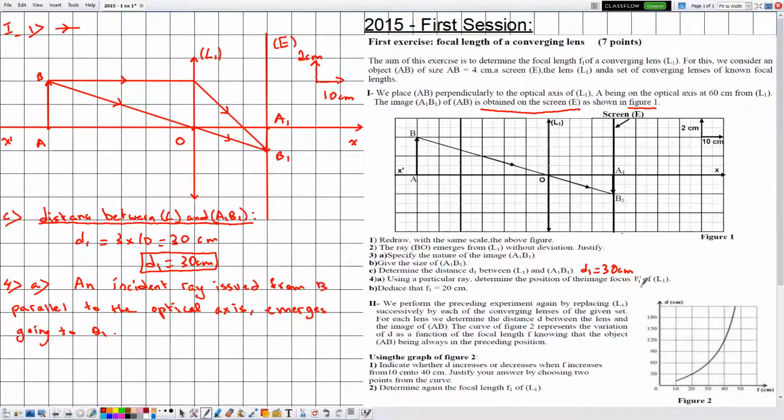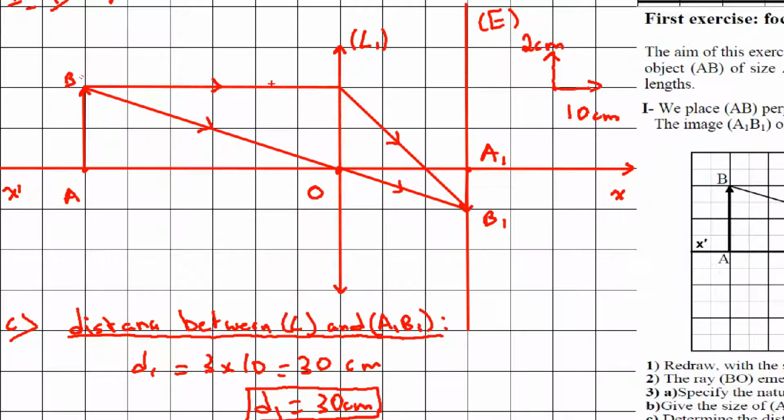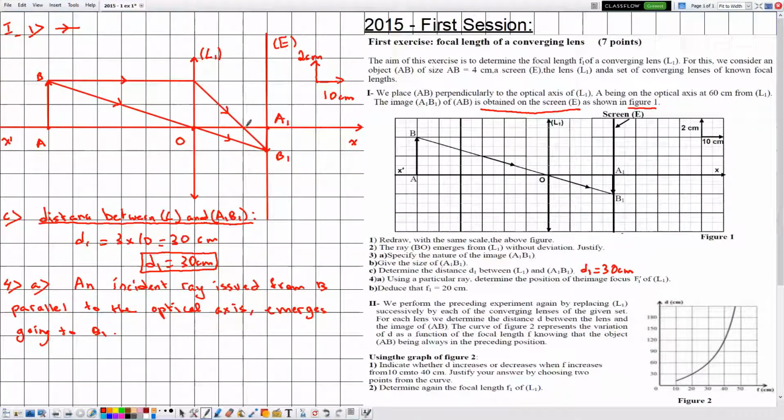Now we need to trace and justify the image focus f'1. Because this ray is parallel to the optical axis, it will emerge passing through the image focus. This is the emergent ray and this is the optical axis. Then the image focus f'1 represents the intersection of the emergent ray with the optical axis. So this is f'1. Now let's justify it.